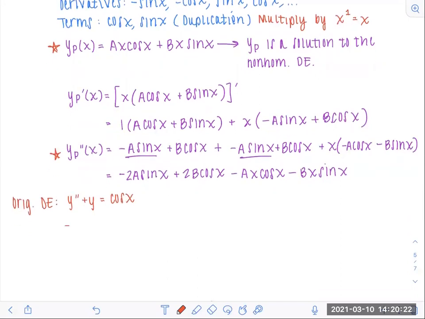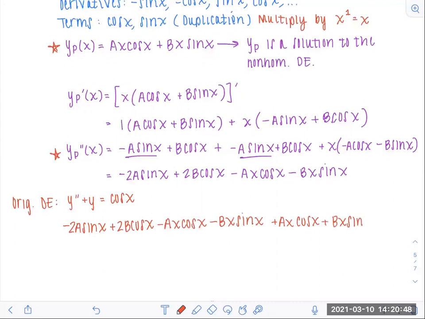I have negative 2a sine x plus 2b cosine x minus ax cosine x minus bx sine x. And now plugging in my original yp, I have plus ax cosine x plus bx sine x. And all of this needs to equal cosine x.